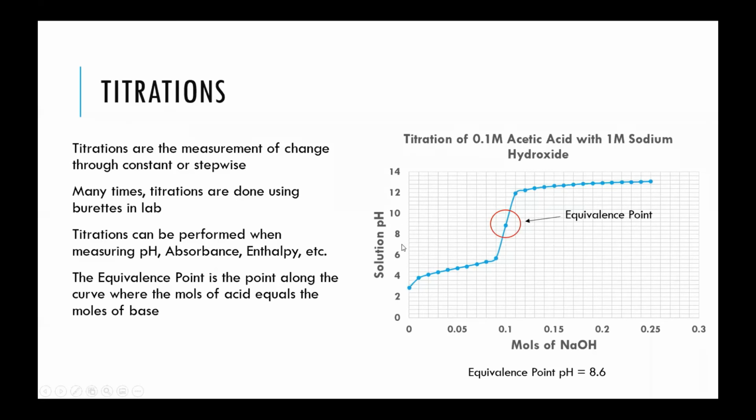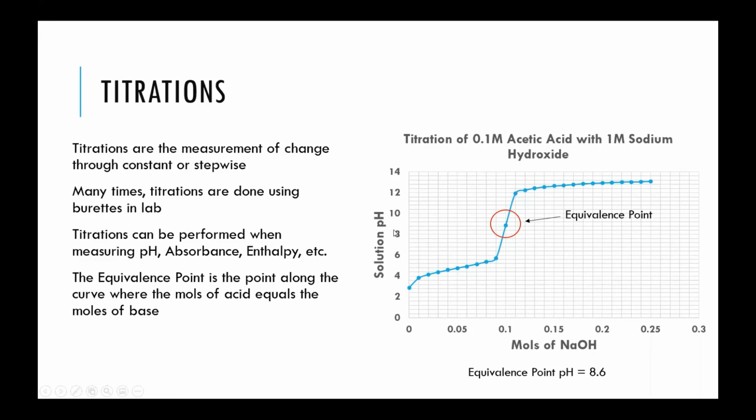So an indicator that changes color at around 4 would not be very good in determining where these two things are equal to each other, where that equivalence point is. But an indicator that changes color between 8 and 9 would be a very good choice for this, because it would change color and show you where the two are equal to each other in terms of the pH.